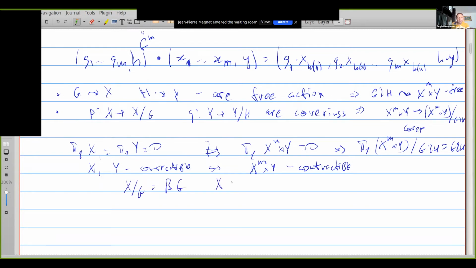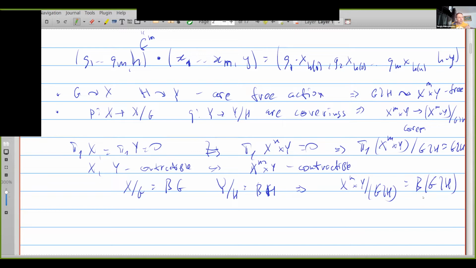The same holds for Y by H, which is the classification space of H. From here, this implies that the quotient of X times Y is the classification space of the wreath product of G and H. So sometimes, in homotopy theory, this quotient space is often studied as a model for the classification space of the wreath product.